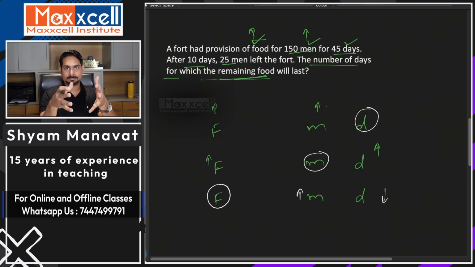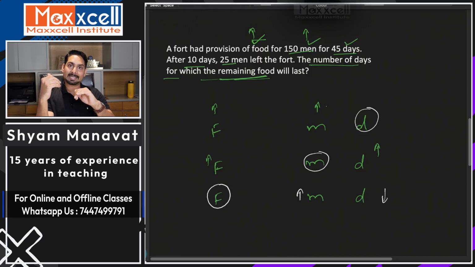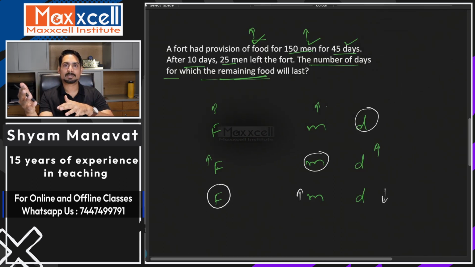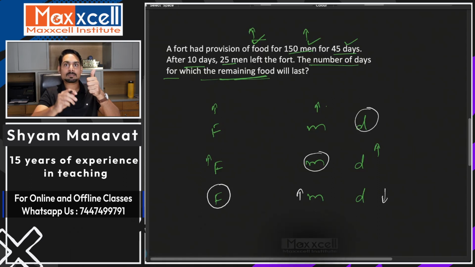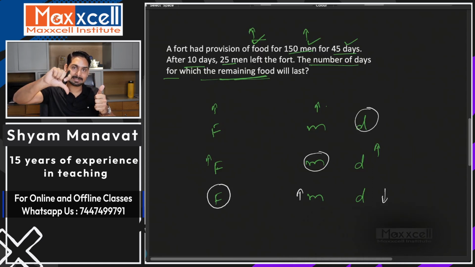Suppose in your family of 4 members you consume 10 kg of rice, for example, and you keep that consumption constant. Now suppose a guest comes to your house for another month, so one person is added. In that case, that 10 kg of rice will last for fewer days, isn't it? So if there are more people, that food will last for fewer days.